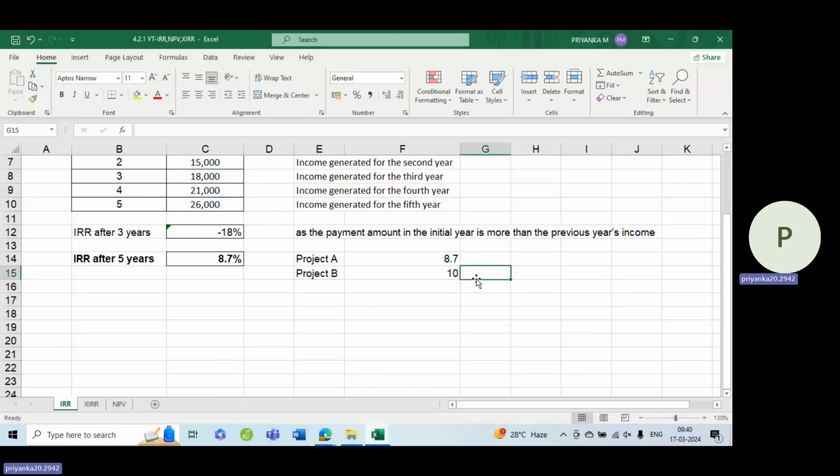Which project will you prefer? Then we have to go for the highest internal rate of return.